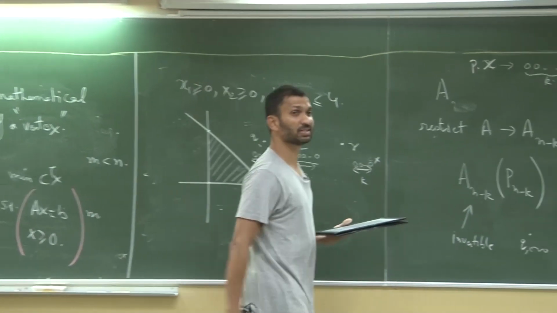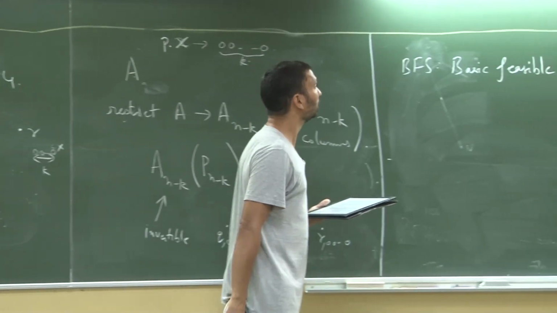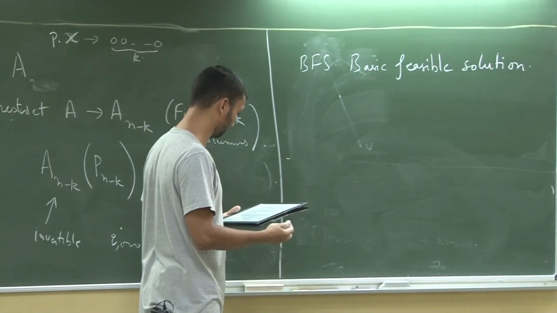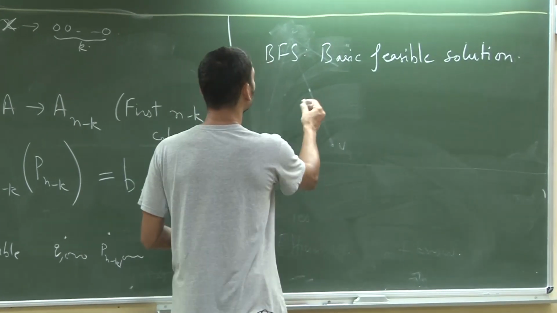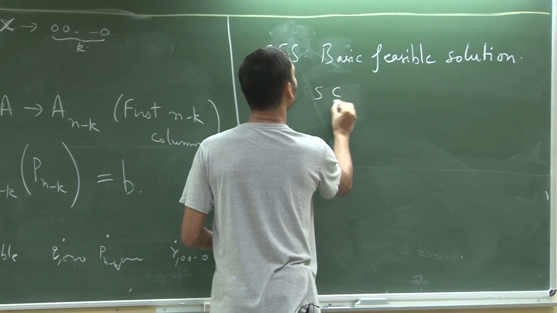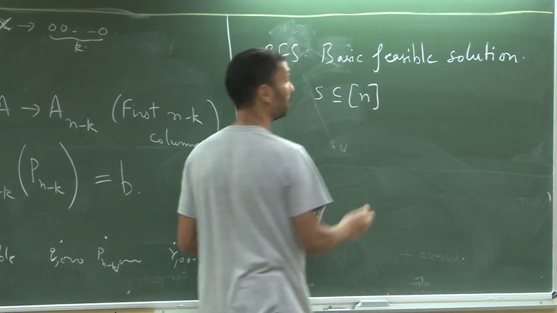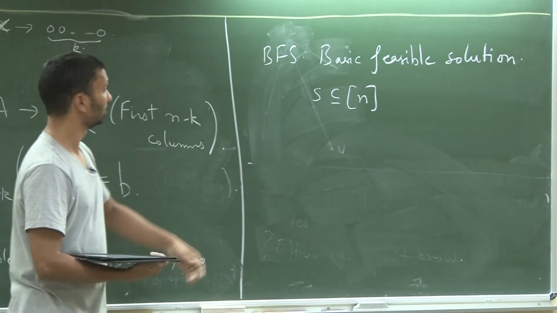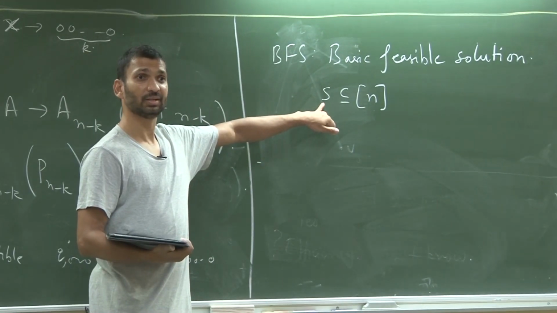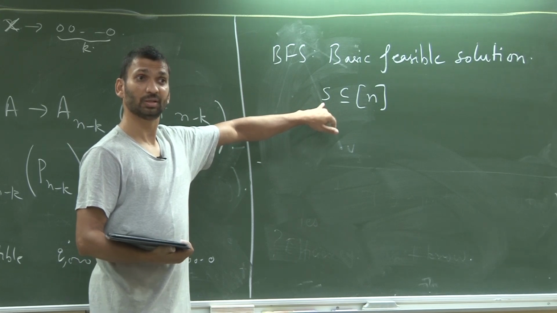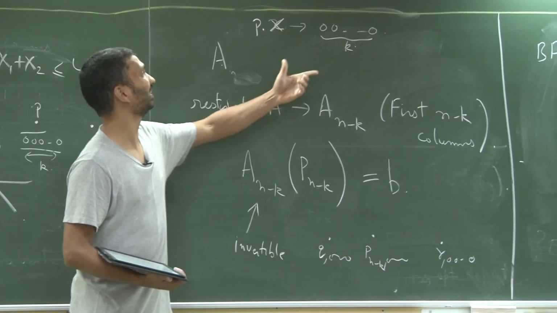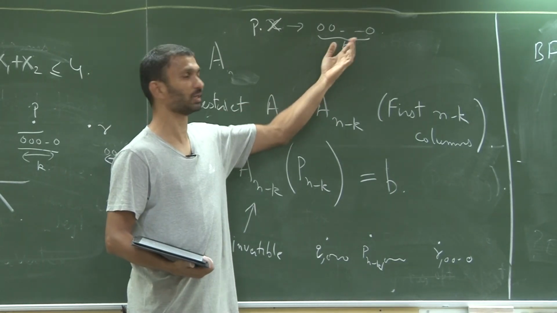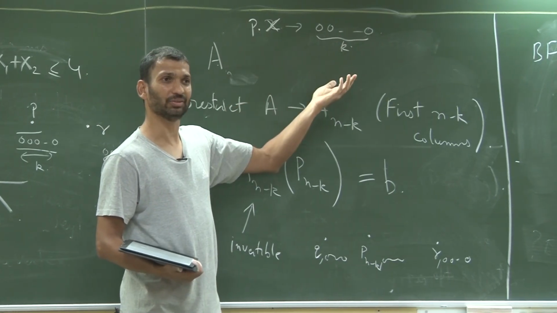Okay? So, what is a basic feasible solution? It is described by a subset. Remember, I had n variables, and this subset is going to be of size n minus k. Right? I had written it as k coordinates, but these zeros could lie anywhere.